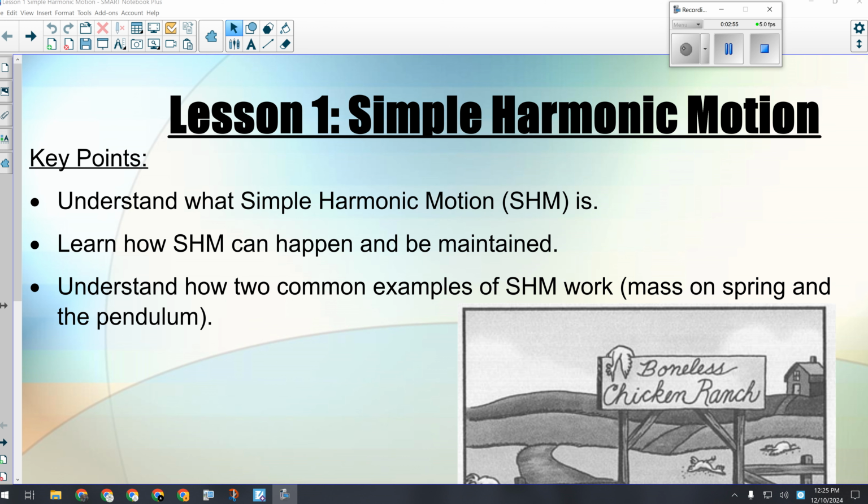Problem. Once it gets there, it's really moving. It's going to go right through that equilibrium position and go to the other side. Now gravity's fighting itself. It gave it all this kinetic energy, now it's got to slow it down and try and bring it back to equilibrium. All simple harmonic motion works like that.